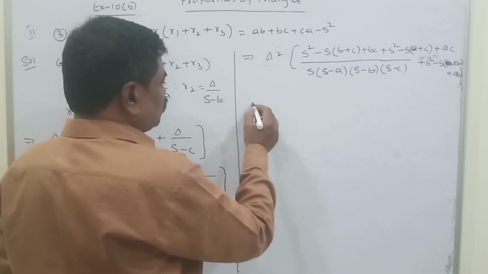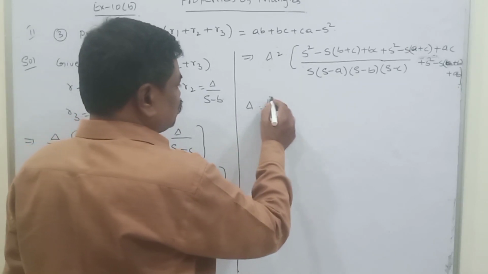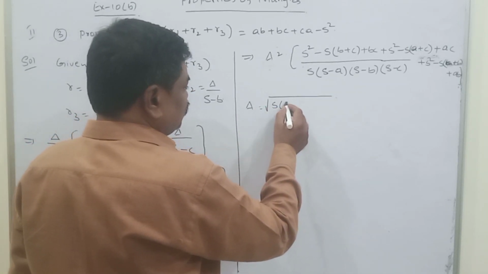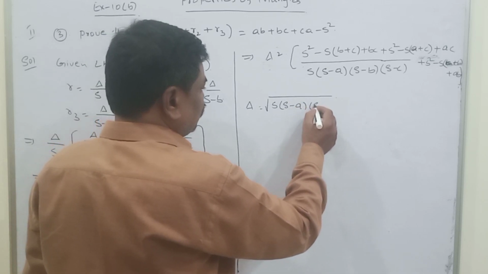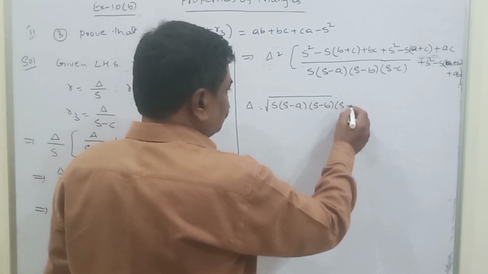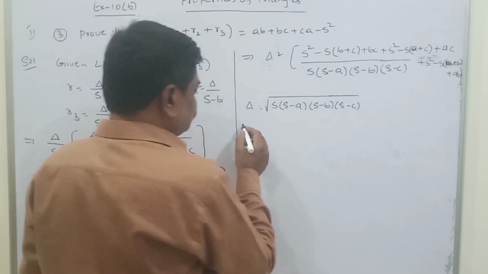Okay. So delta is equal to root over s into (s − a)(s − b)(s − c). We know this one.